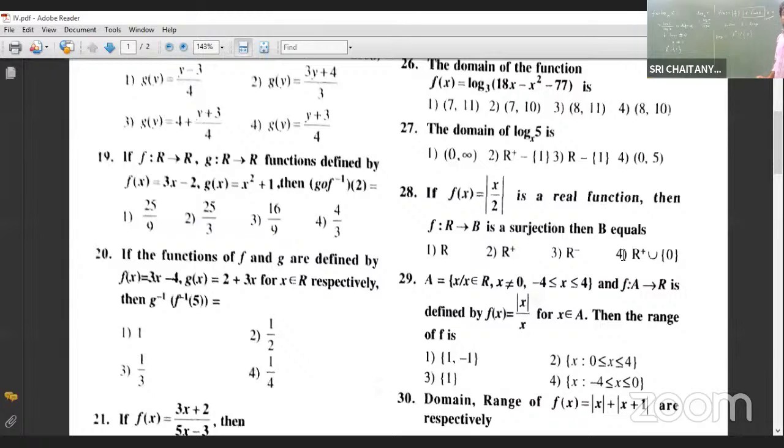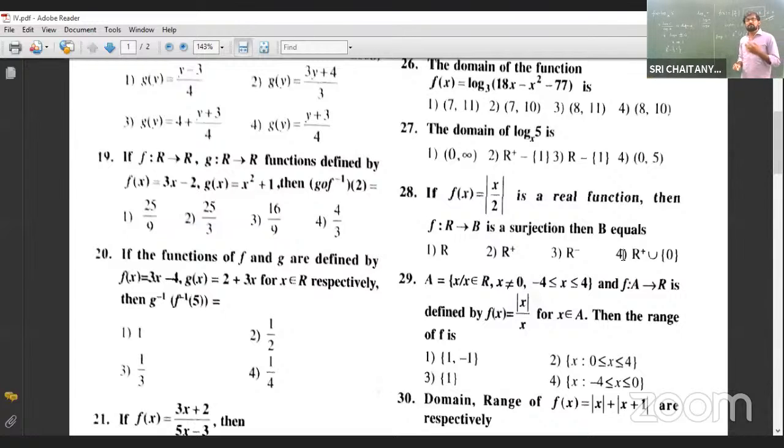I am repeating this problem again. F of x is equal to modulus of x by 2 is given to you, and he asked you: f is a function from the real numbers to the set B, where it is a surjective function.